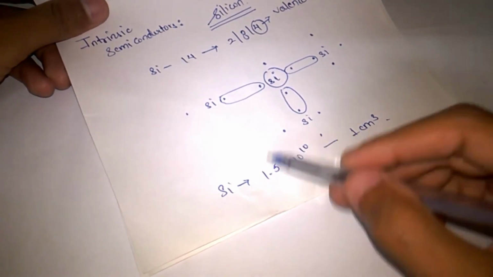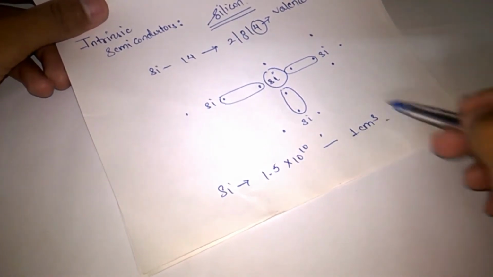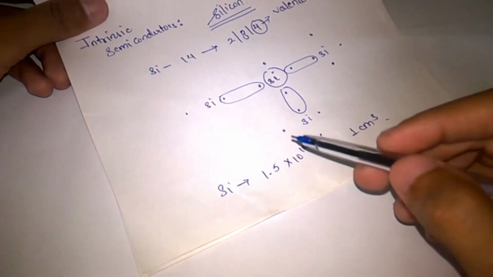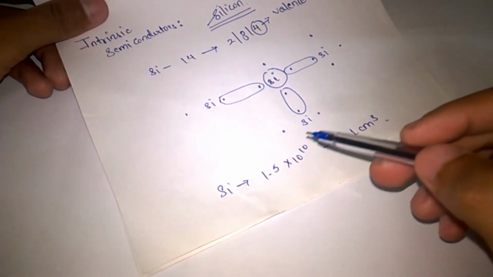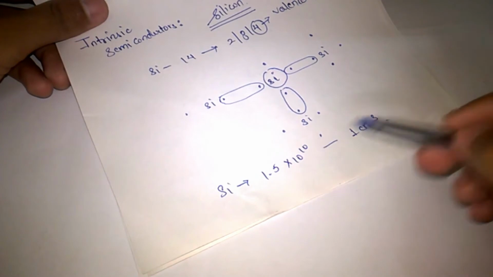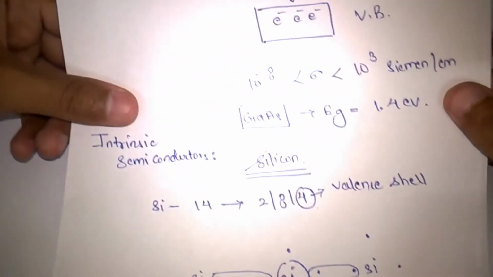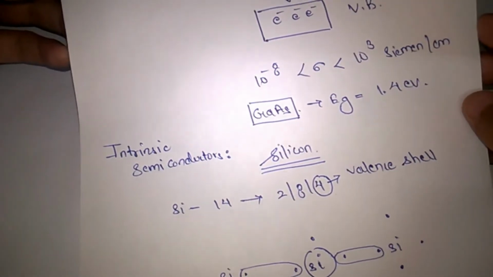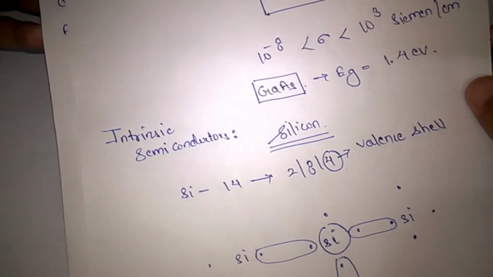This is a very large value in a small unit volume. So we can say that silicon has a very large number of atoms in a small unit volume. That's the property of silicon.